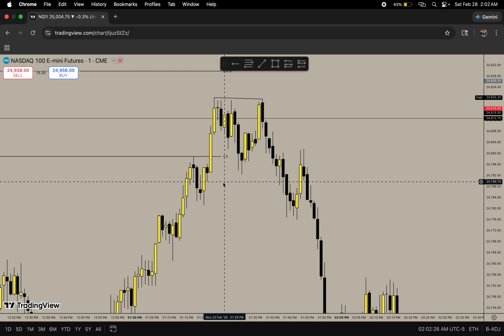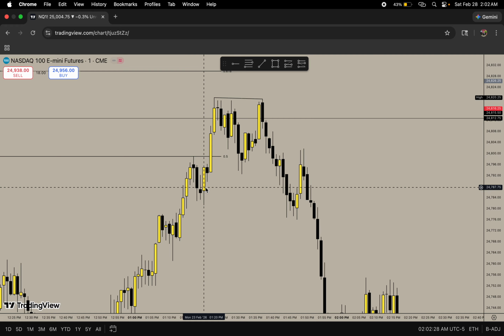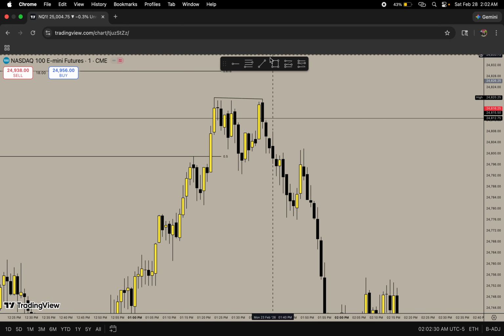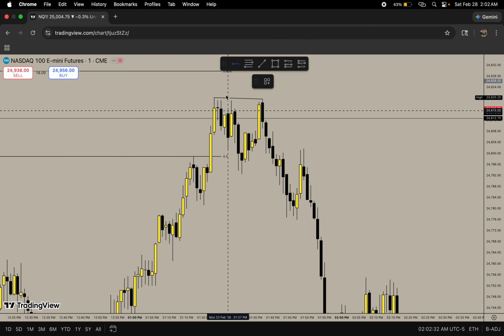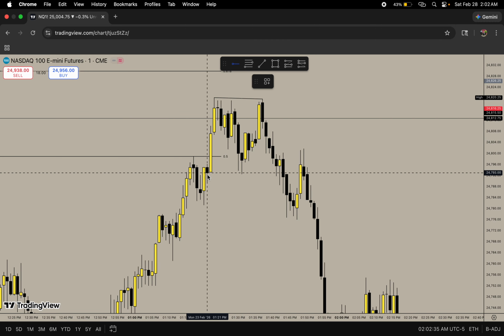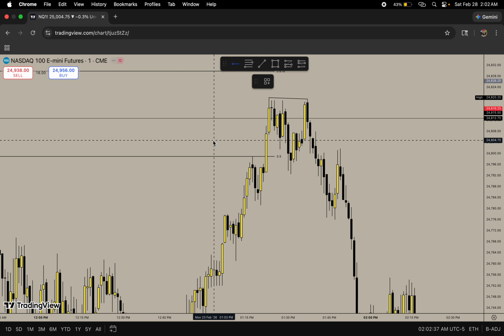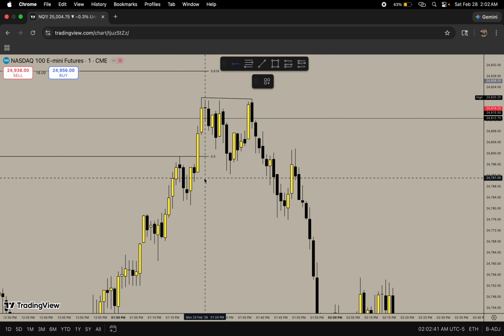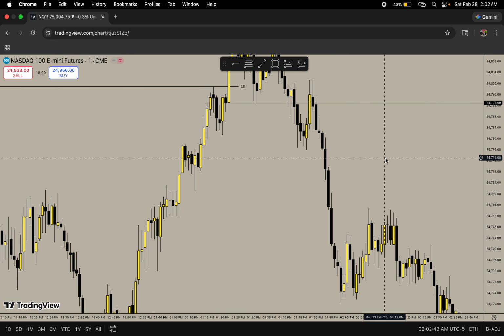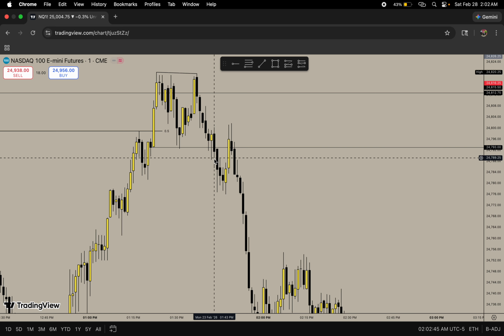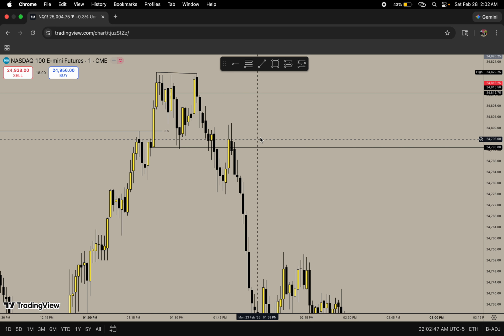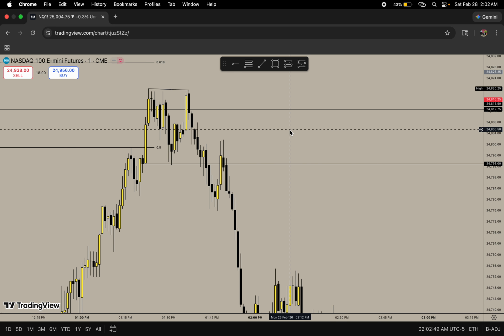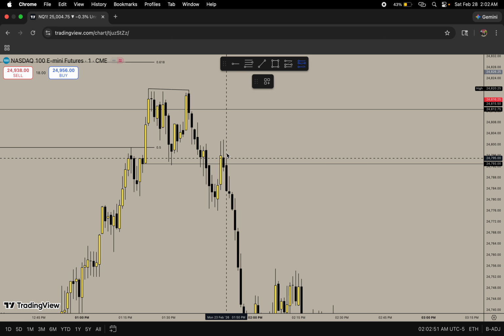Yeah, this would have been a tricky one, because this is the last high. This is the last low of the series of candles that basically put in the high. So to have a change in state of delivery, a candle would have to close below here and retest here, but it would have stopped us out.